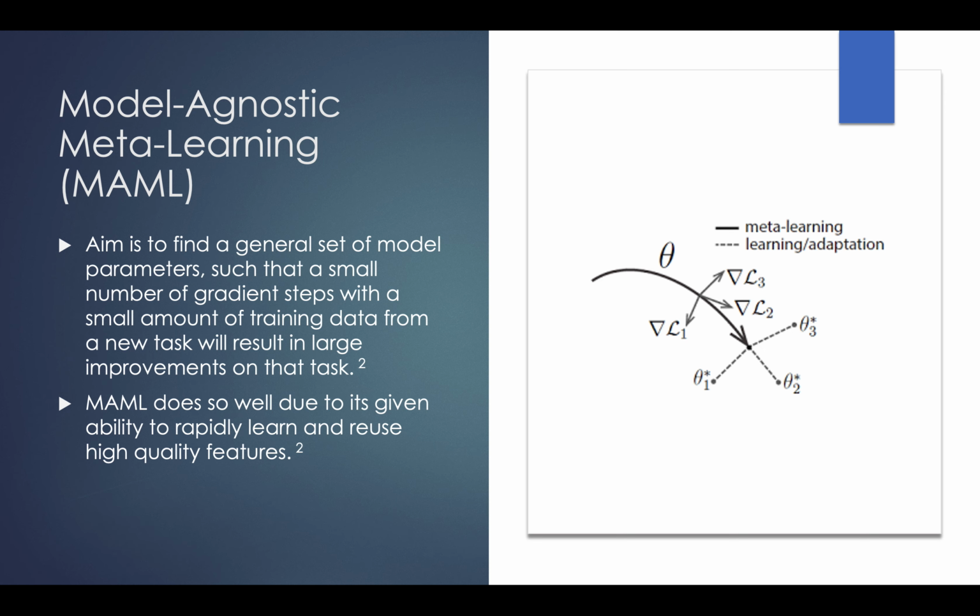On the right here, we can see our function theta, and it's going to take some step, either theta 1, 2, or 3, a dramatic step in the meta-learning process, where it's taking some gradient step and learning and adapting. It takes very few steps, but the steps are so large and so dramatic and so intelligent, so to speak, that they allow MAML to perform really well.